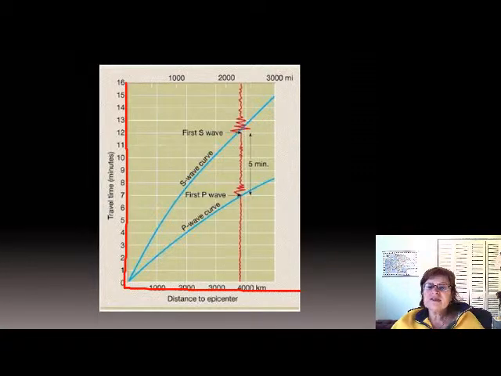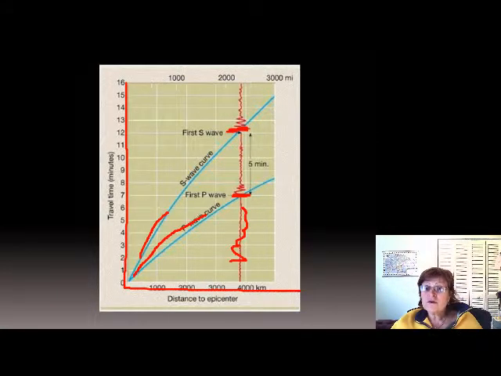You can plot the slower P waves and the faster S waves. When there is an earthquake, you fit the seismogram on this curve, and wherever the time difference between the P and the S waves fits on the curve will tell you the distance of the epicenter from the seismic station.